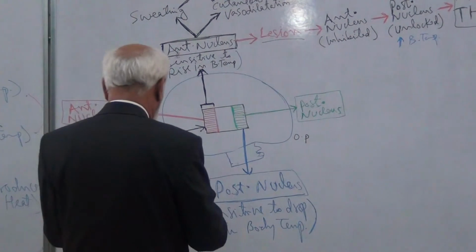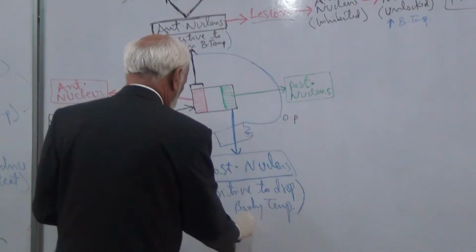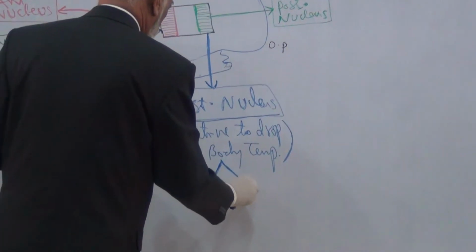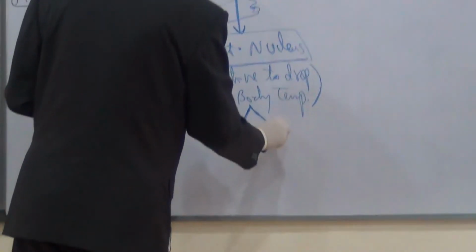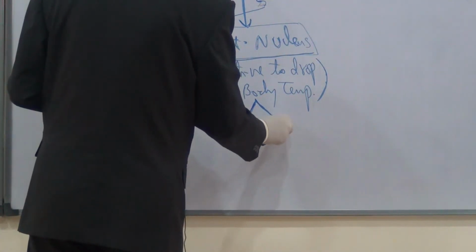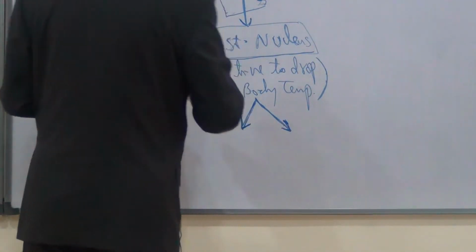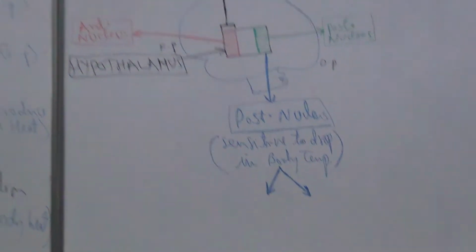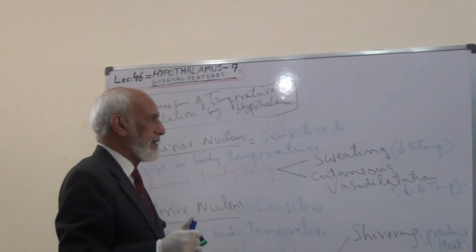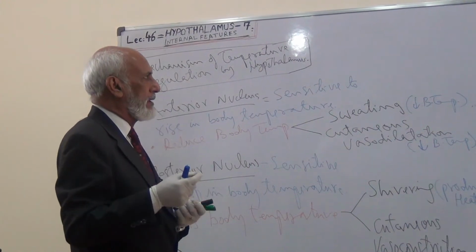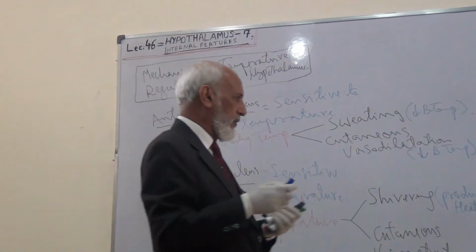How? Again by two mechanisms. When the body temperature is dropped, the posterior nucleus is stimulated, and the posterior nucleus then raises the body temperature. How?